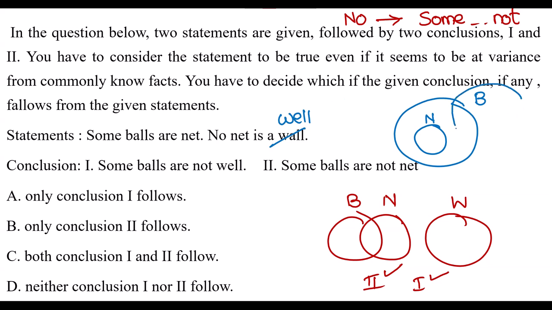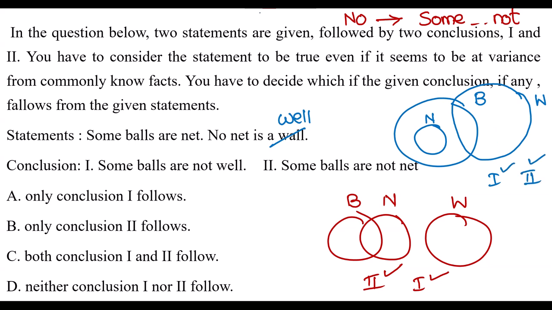So if we go in this way, still net and wall are not connected. Some balls are not wall. Here also we got both true as per this diagram.